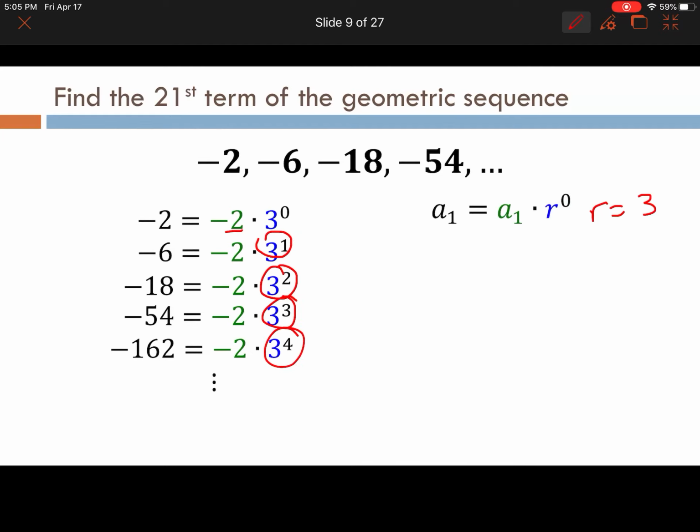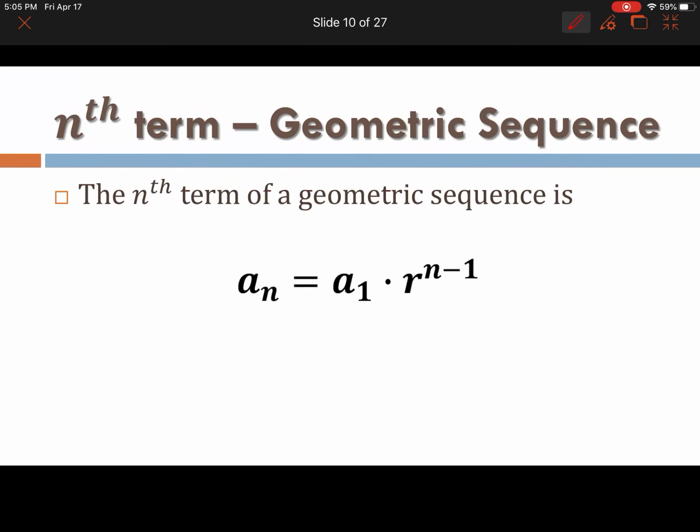A sub 3 is a sub 1 times r to the 2nd. You see the pattern? So what would it be if it were n? A sub n is a sub 1 times r to the, what comes right before n? So it would be n minus 1.